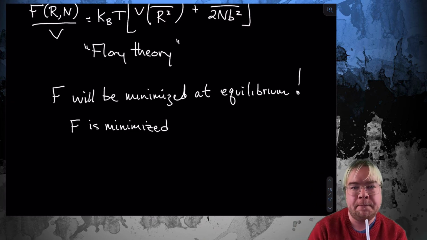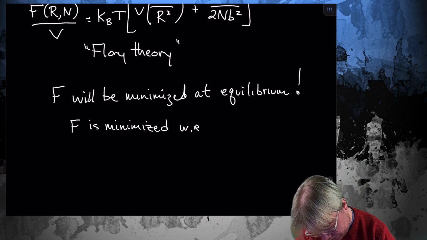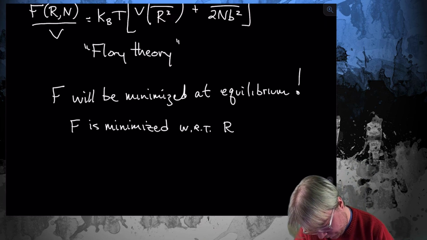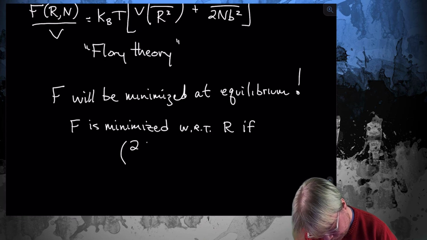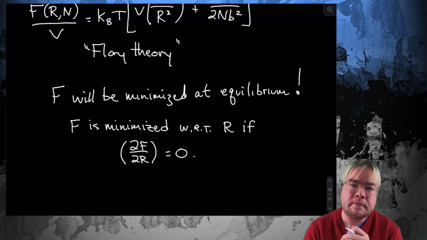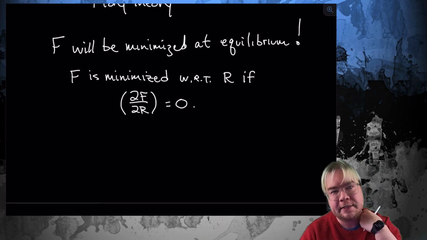Think back to calculus. The function is going to be minimized with respect to R if the derivative of F with respect to R is equal to 0. And that derivative will be 0 when the chain has a size that's equal to its equilibrium size.